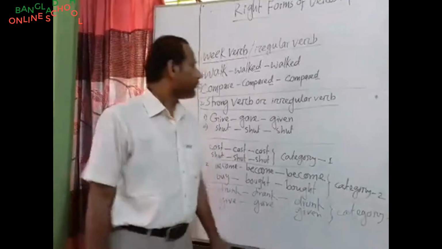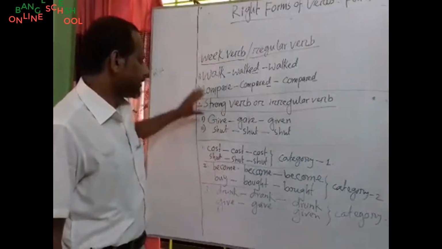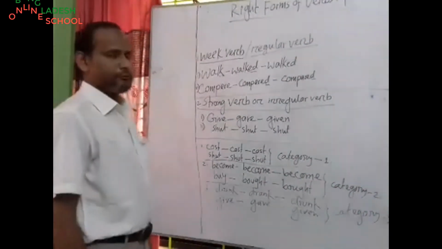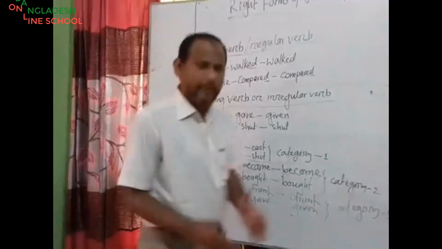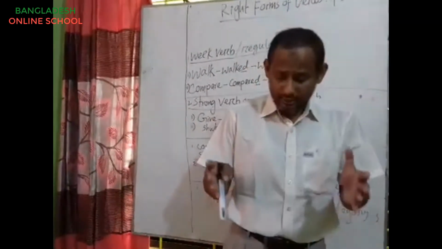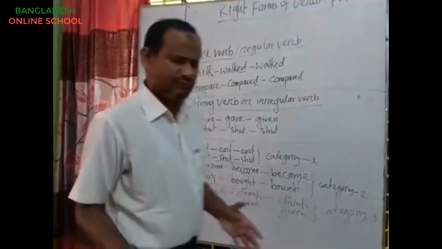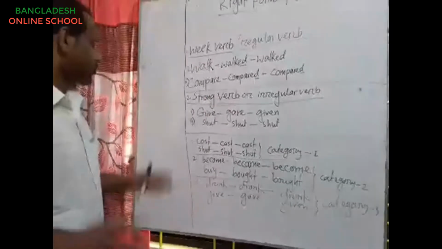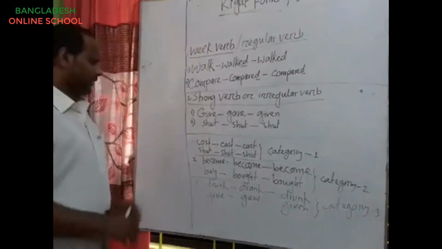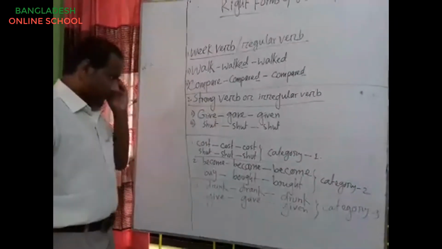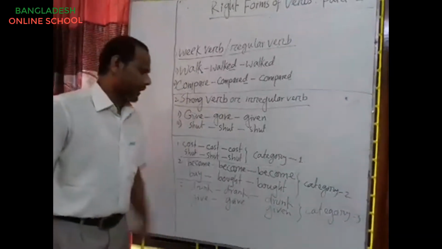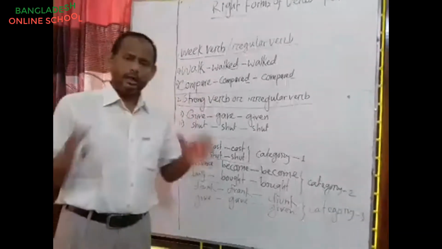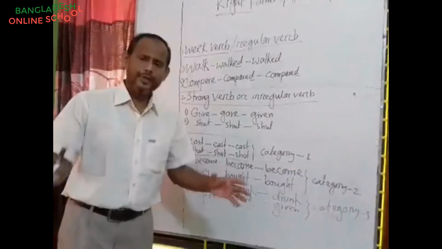Now, is it clear to you what is weak verb, what is strong verb? Okay. Now, students, come to another point. There are three ways, three categories to form a strong verb. One category: in the three forms of verb, there is no difference, all three forms are same.